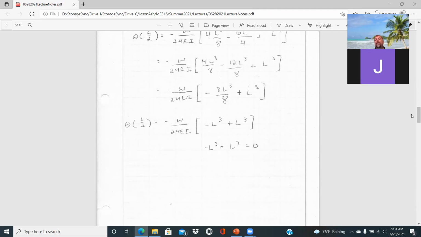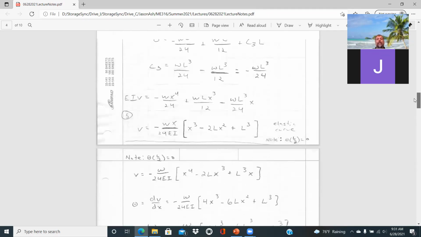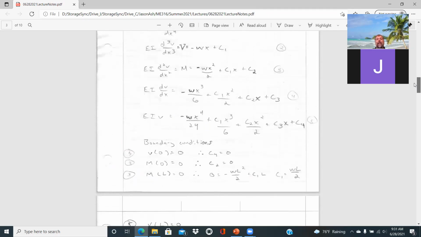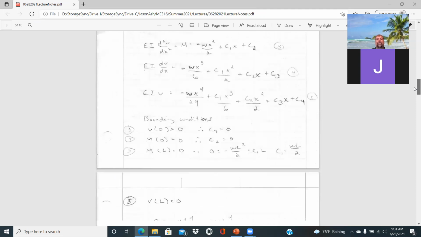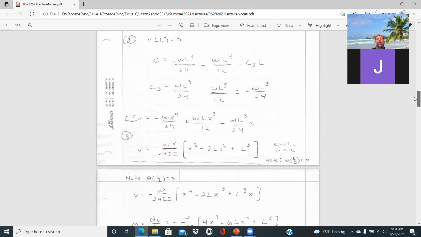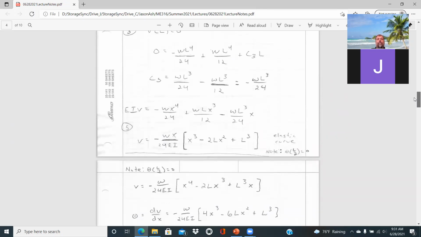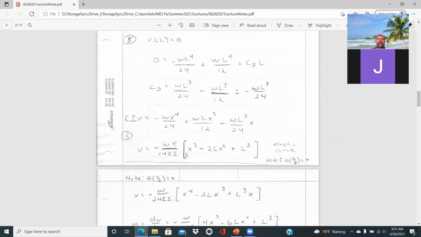The other thing you're probably just beginning to understand here is that we're doing a lot of calculus and algebra with letters and not numbers. This is a really useful tool because for this particular case, instead of just solving it for one problem, you now have an expression for the elastic curve for any type of simply supported beam that has a distributed load on it.